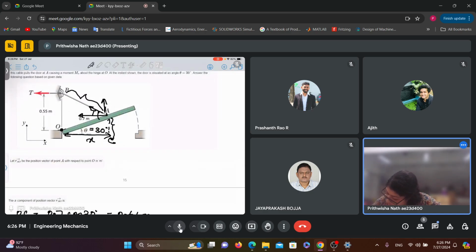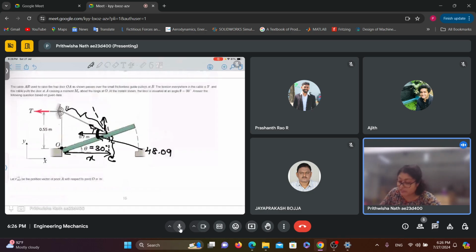Now if I resolve the tension along this direction such that it is perpendicular to this dot trap, T into sine of 48.09, I will get a component which is perpendicular to this dot trap, right?